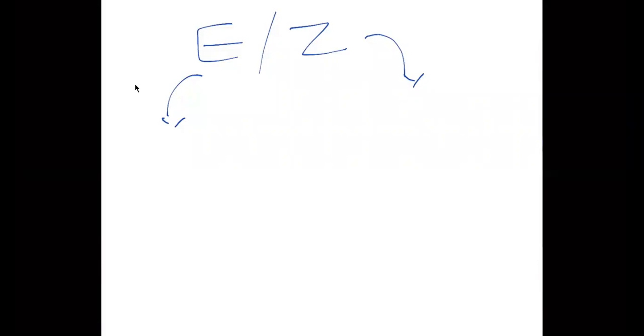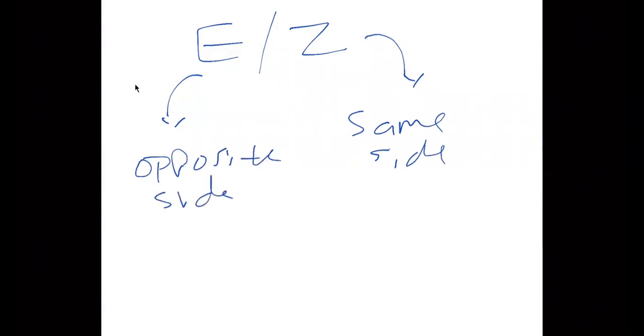E is Entgegen and Z is Zusammen, but Z is same side, and then E is opposite side. So this is for tri and tetra substituted.